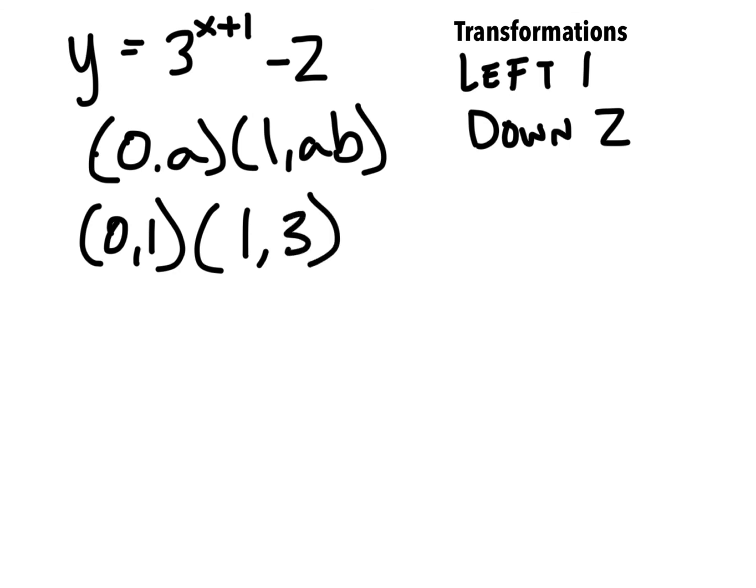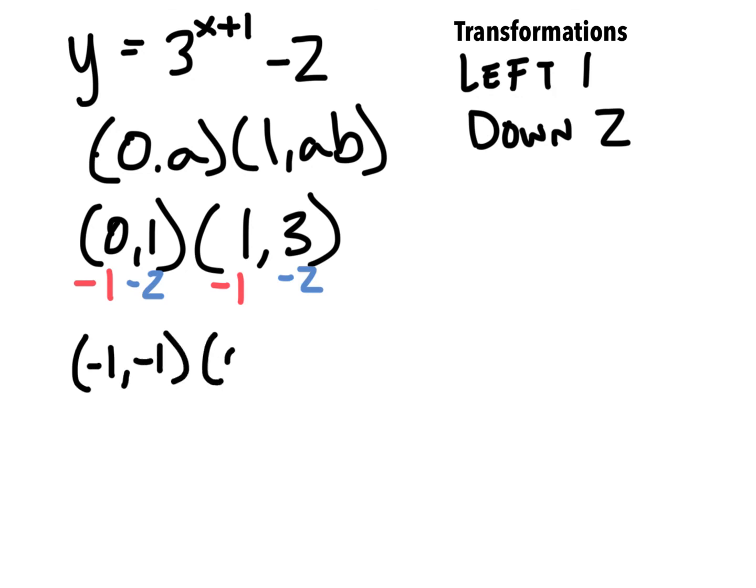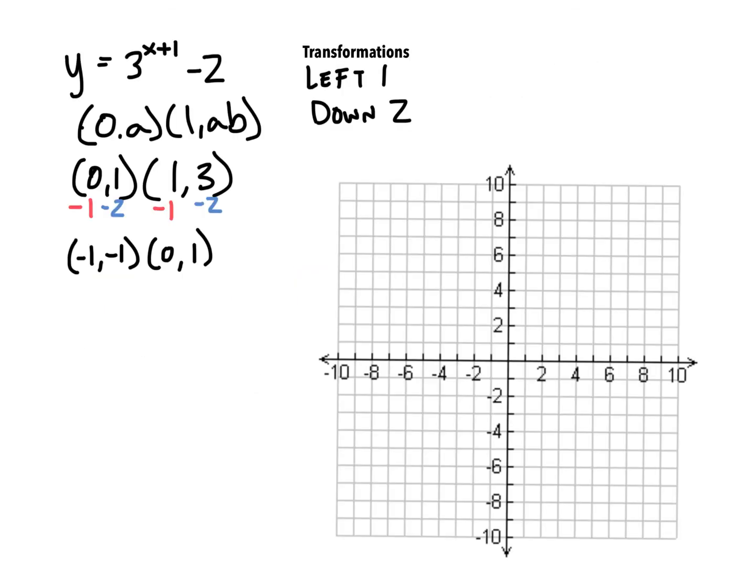We're going to shift those left 1. Left 1 means that we subtract 1 from our x values, and down 2 will subtract 2 from our y values. So we have the points (-1, -1) and (0, 1). All right, the first thing I want to apply is my horizontal asymptote. It was down 2, so this has a horizontal asymptote at y = -2.